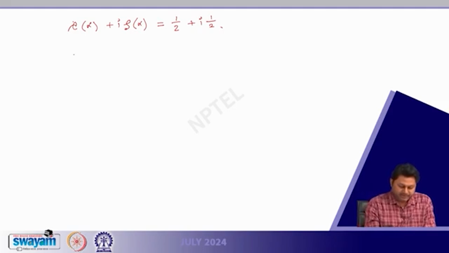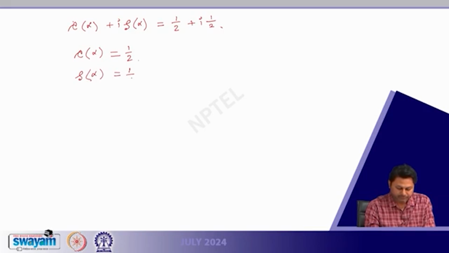So I get the extreme values: C infinity is equal to half and S infinity is equal to half.